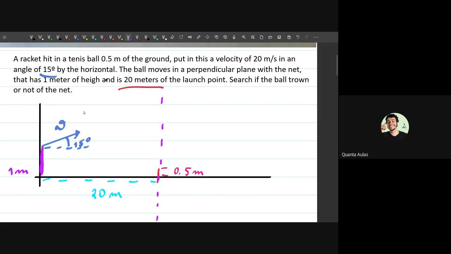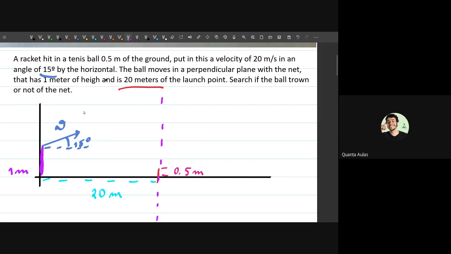So I don't know, how can I do this with the equations? Let's do this, because we have the velocity, and I taught you how to get the velocity components, y and x.